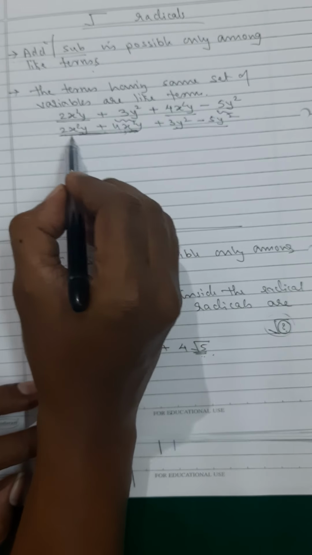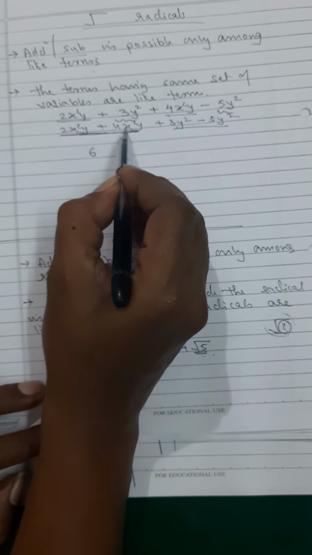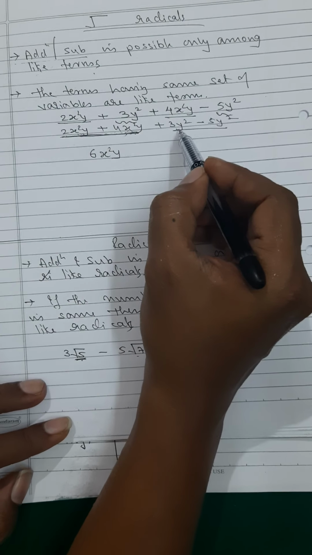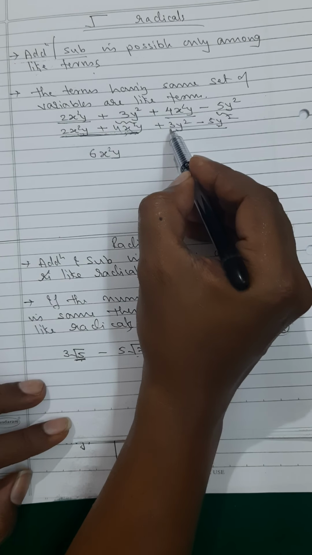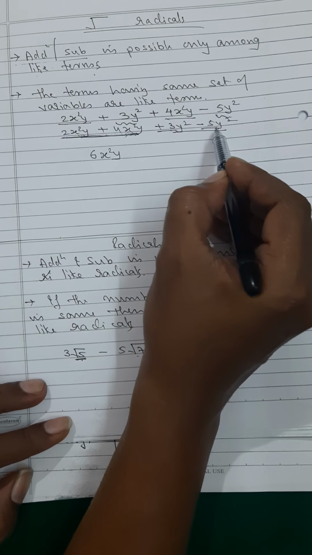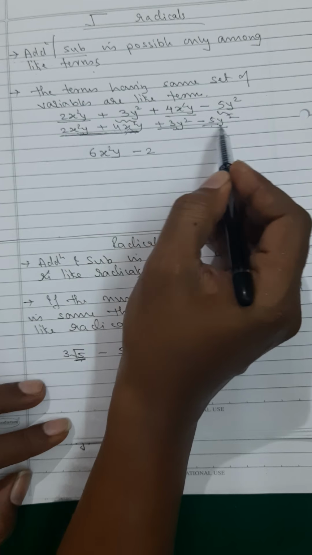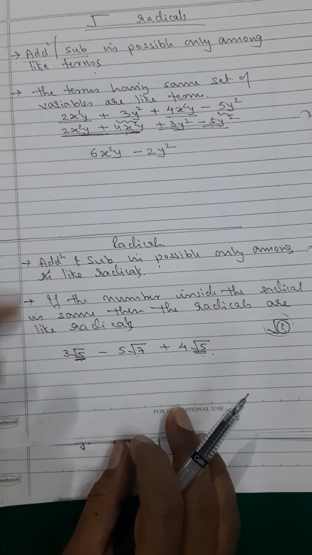So only the coefficients will operate: 4 plus 2 is 6, and the variables will be copied down as they are. Similarly, here y square and y square: the operation will take place only among 3 and minus 5. 3 minus 5 is minus 2. Variables will be copied down as they are.